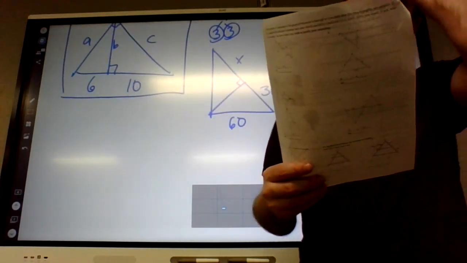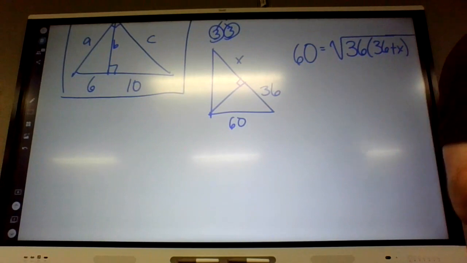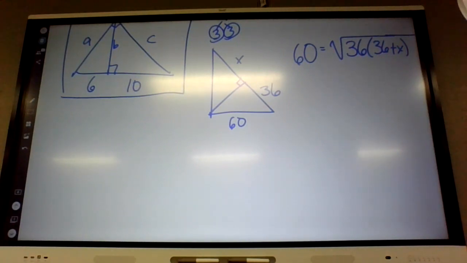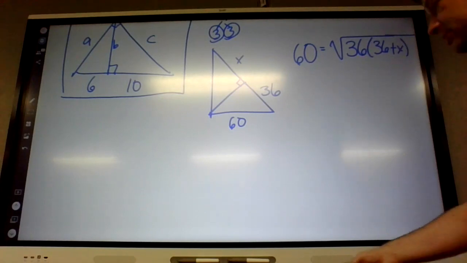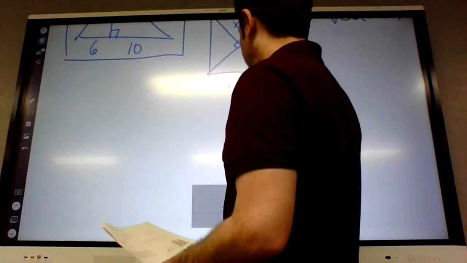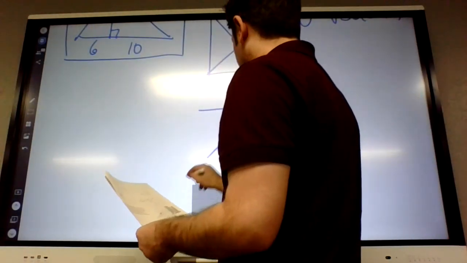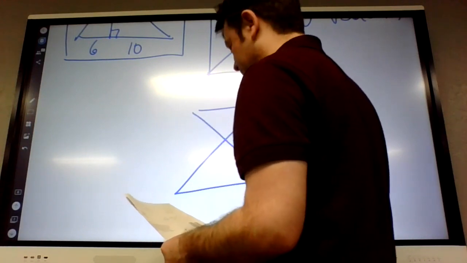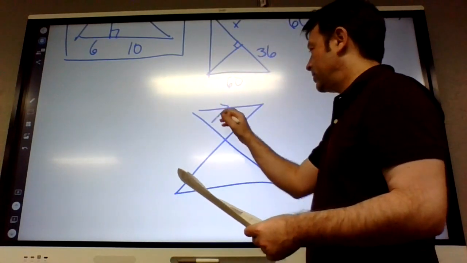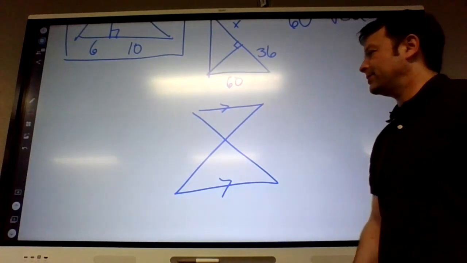Okay, this one right here is actually a little bit trickier than it looks, I think, because if those lines are parallel, what do I know?